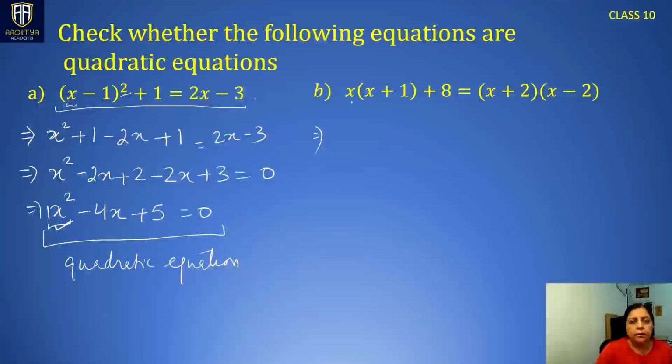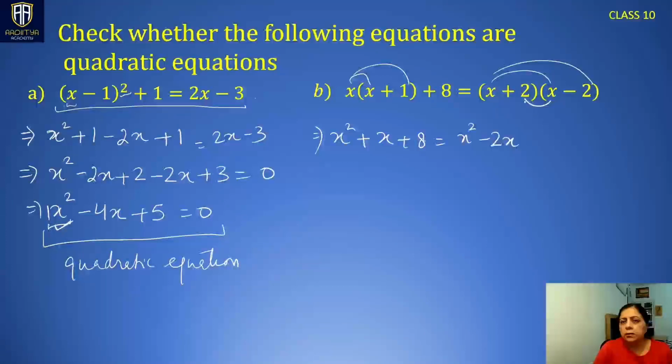This is the second part. In this we have two expressions on both the sides of the equal to sign. So we simplify this, open this bracket. So we get x square plus x plus 8 is equal to, here we have x square, then x multiplied by minus 2 is minus 2x plus 2x, and this is minus 4.